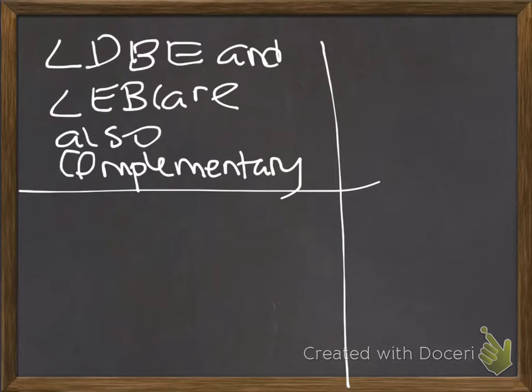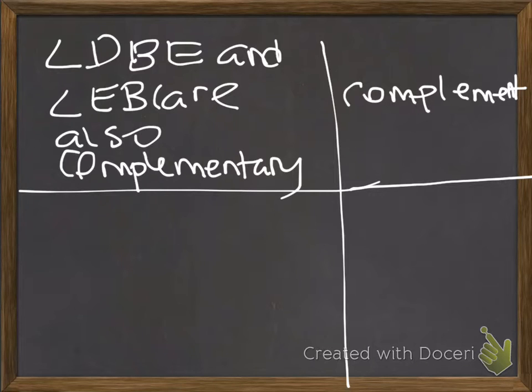And that is a new theorem. That's going to be the complement theorem, where if they add up to equal 90, they're considered complementary. So, by that same measure, there's one more theorem, and that is the congruent complements theorem and the congruent supplements theorem, which mean that if you have two angles that are complementary to the same angle, or two congruent angles, they are also congruent.